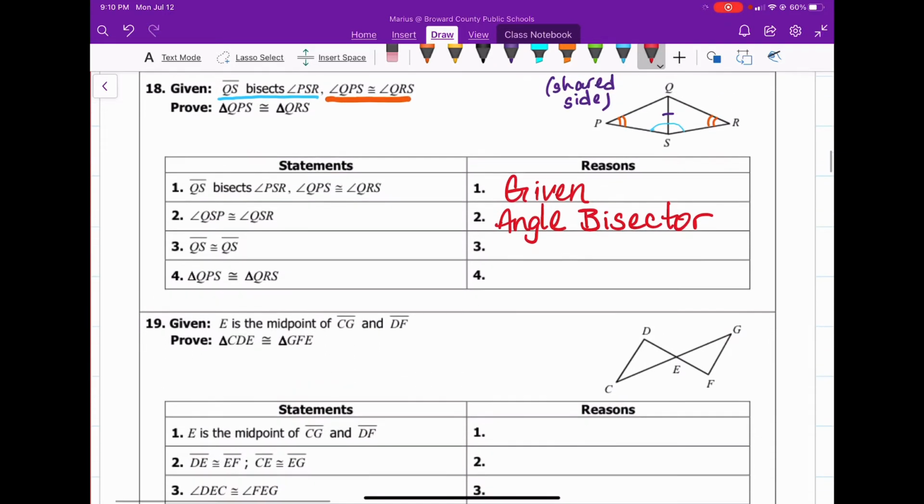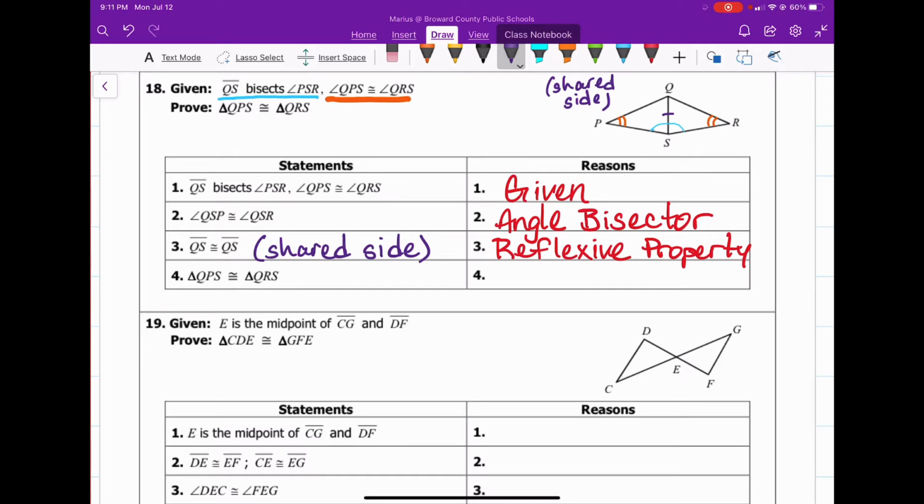Now the third one says segment QS is congruent to segment QS. That is the reflexive property. So that's all we're going to put here, reflexive property. That's the shared side. And actually, we can also write shared side right here, another way to really hit that home. And the last one, triangle QPS is congruent to triangle QRS.